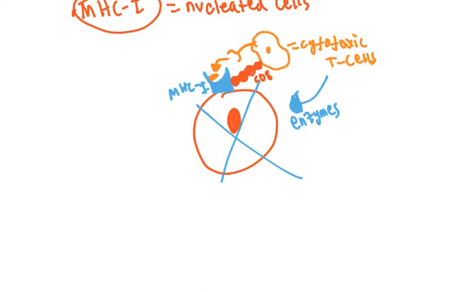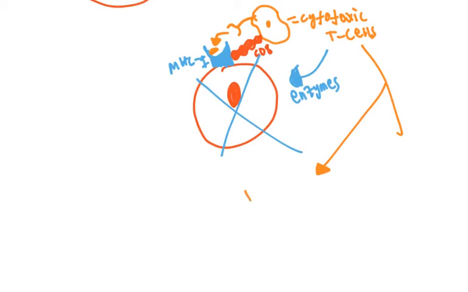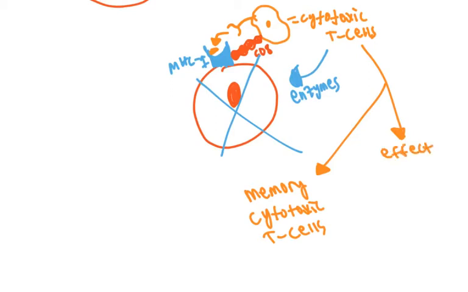Once they bind and lyse it, these cytotoxic T cells can proliferate into memory cytotoxic T cells and effector cytotoxic T cells, just like we saw with our helper T cells and B cells.